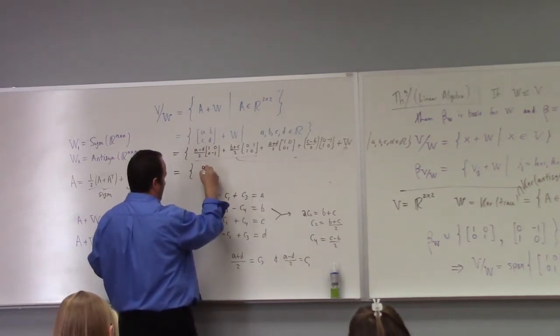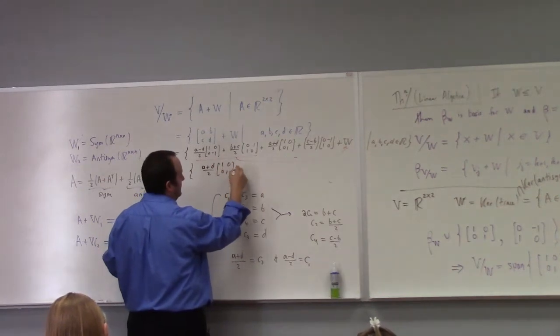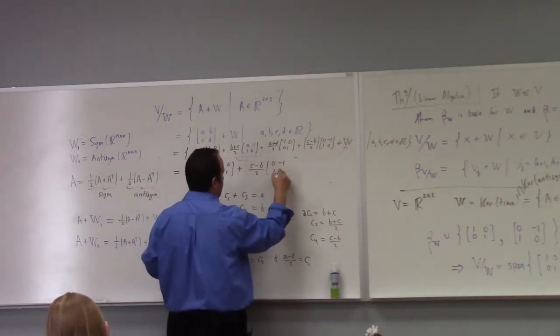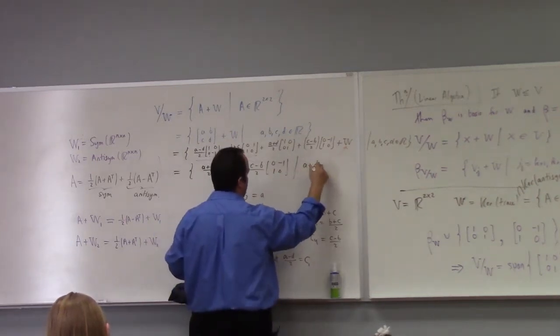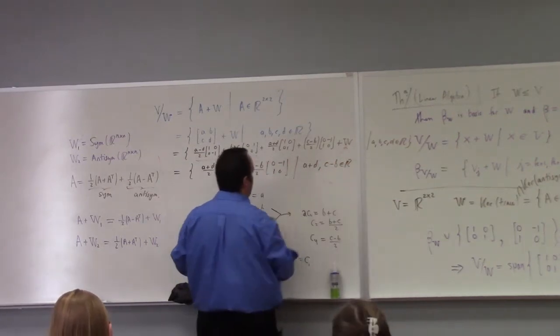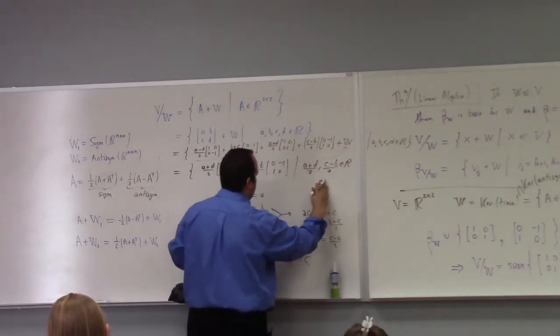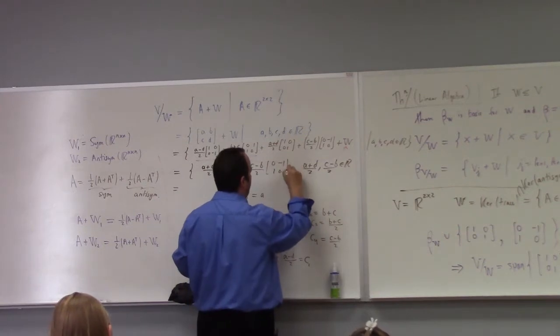And then we have (A plus D) over 2 times 1, 0, 0, 1, plus (C minus B) over 2 times 0, minus 1, 1, 0, such that A plus D and C minus B are real numbers, right? And I've lost my plus W. Sorry about that.